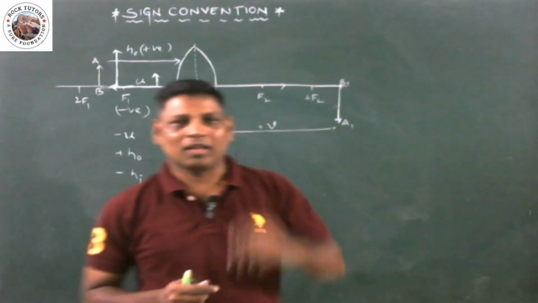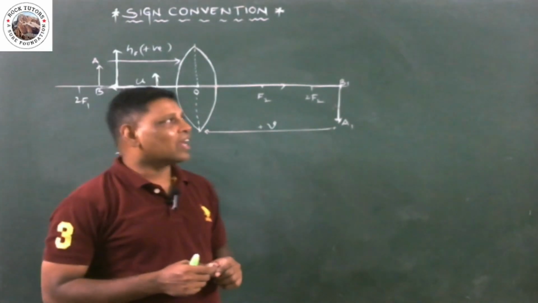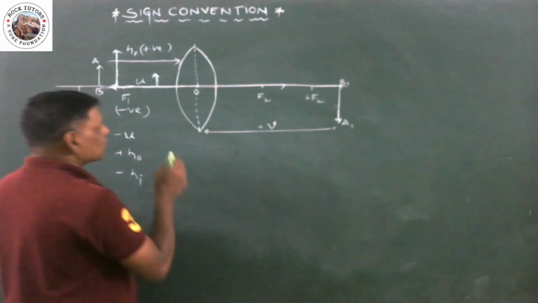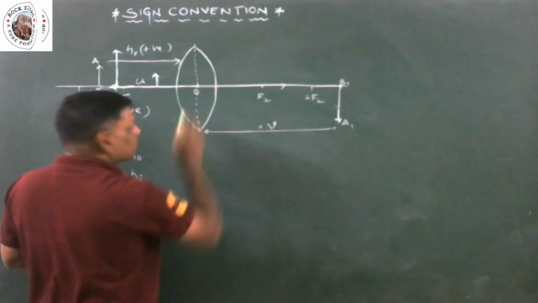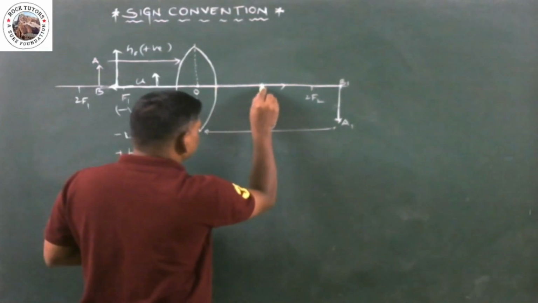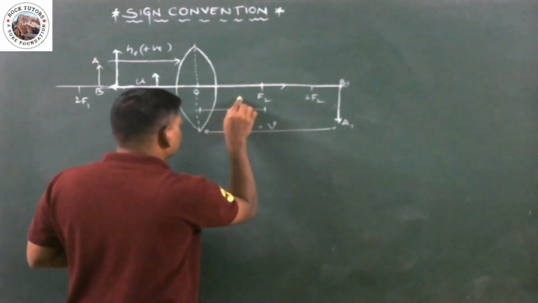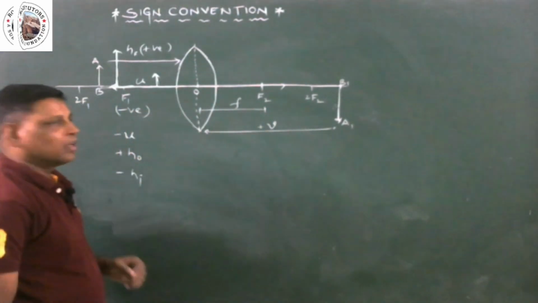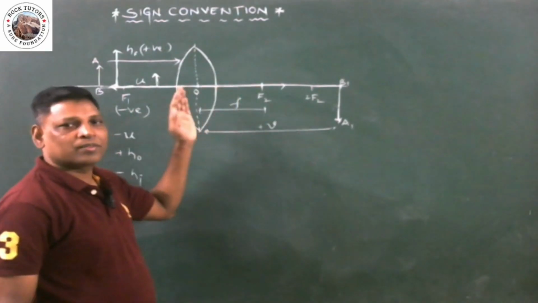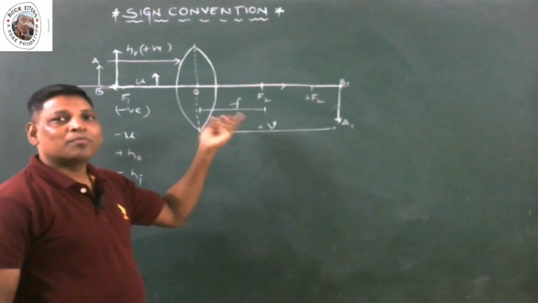Next one, the last and important one, focal length. The focal length is from the optical center to F2. This is the focal length, f. For this focal length, f is positive. Why?